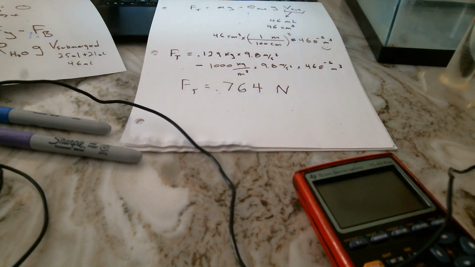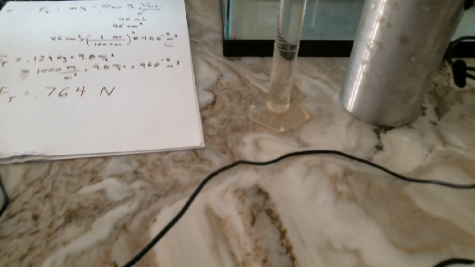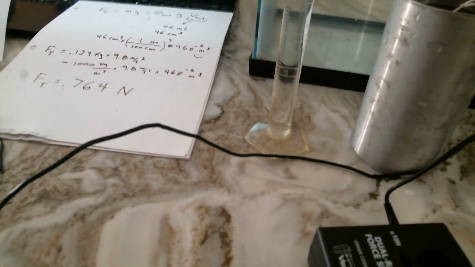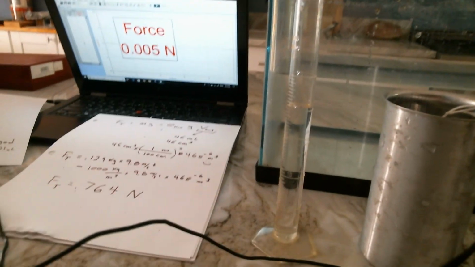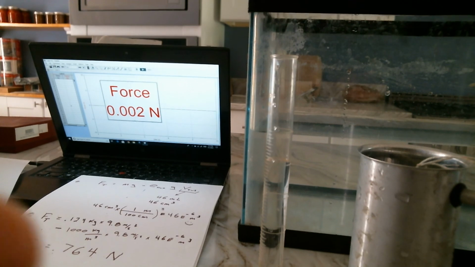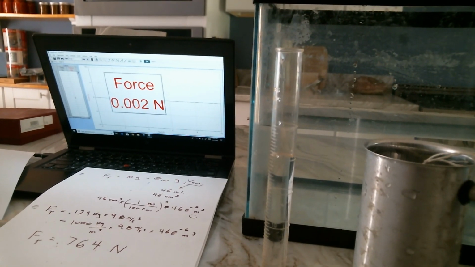All right, and so I can go back to our aquarium here, maybe get it so that you can see both the aquarium and the reading on the forceometer simultaneously.